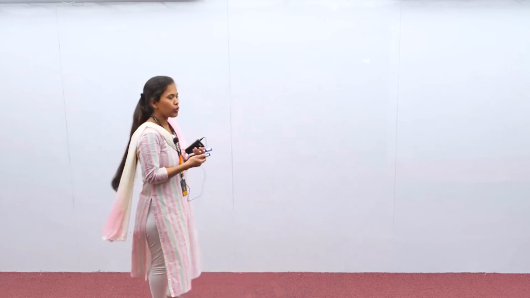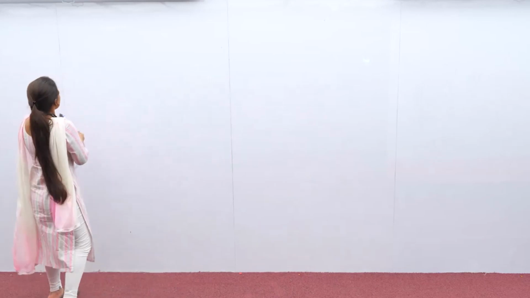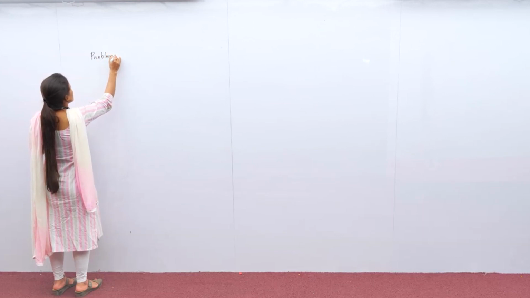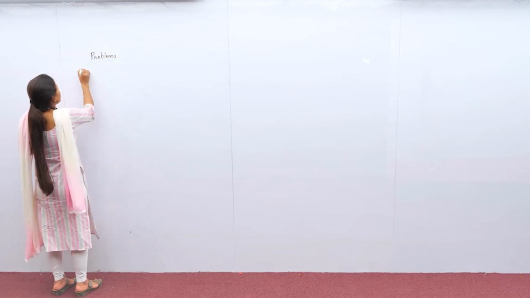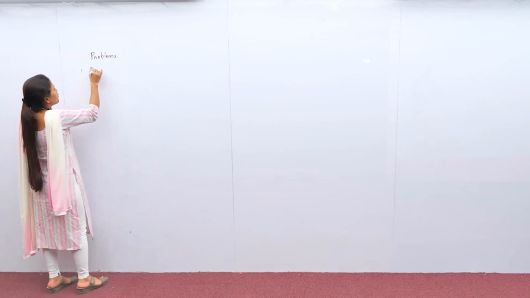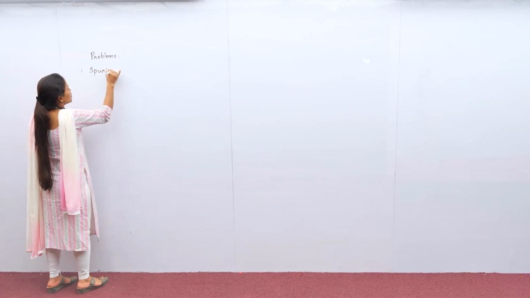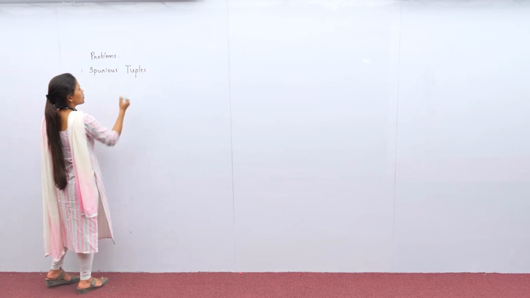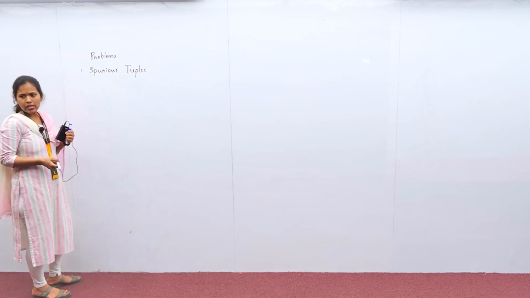Why? Because in order to overcome the problems. So what are the problems? Let me first tell you what the problems are. There are three problems that we are going to discuss. One is something called spurious tuples.